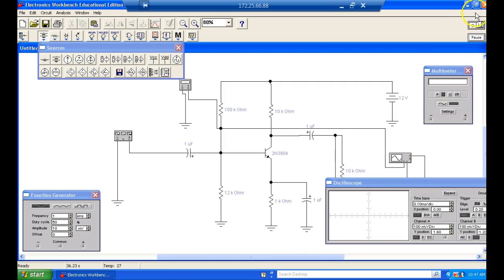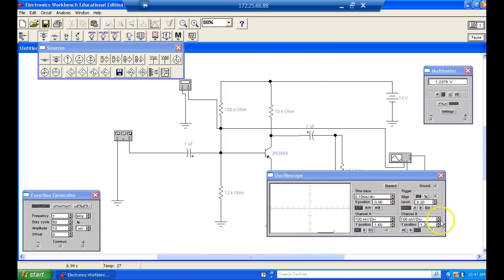So let's see what the gain looks like. It's usually about twice of this, so it's actually 20, I think 20 millivolts of what I set over here. So this thing is kind of misleading. Let's measure it if we can.